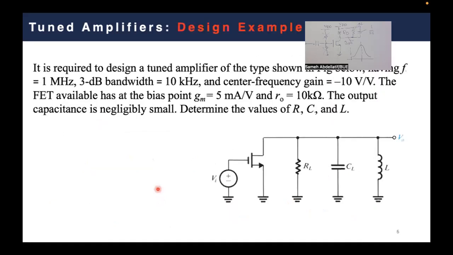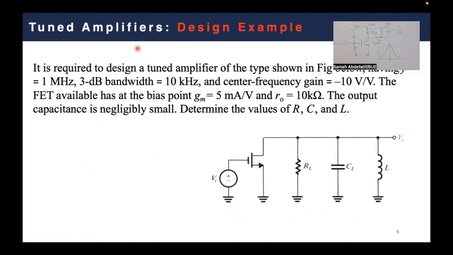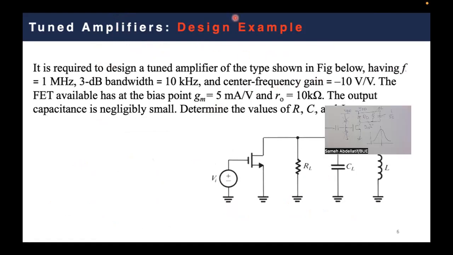Maybe we can have a very straightforward example here when you see this circuit. For example, it's required to design a tuned amplifier, where, let me close the camera. Okay, tuned amplifier as shown in the figure below, having the frequency 1 megahertz, and the 3 dB bandwidth is 10 kilohertz, and the center frequency gain is negative 10 volt over volt.